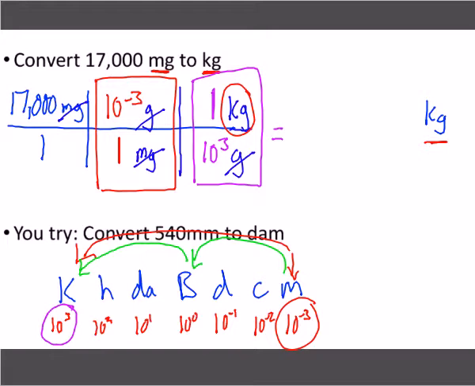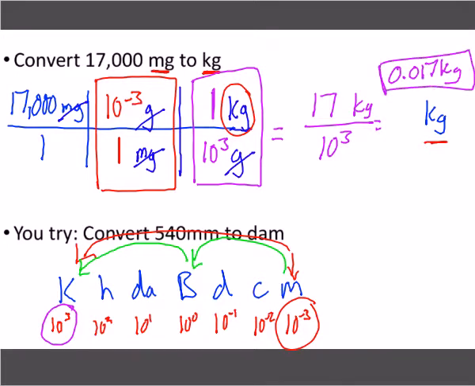Here we would have 17 kilograms divided by 10 to the third. Doesn't matter. Same thing. Okay? Just make sure you get that answer and you take your time with it, however you plug it in. My final answer here is going to be what? Absolutely. There you go. Questions?